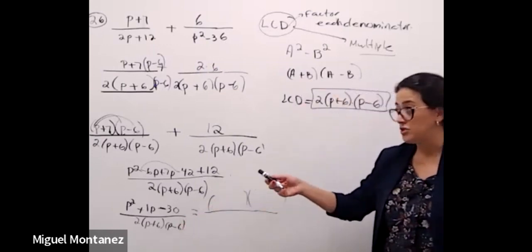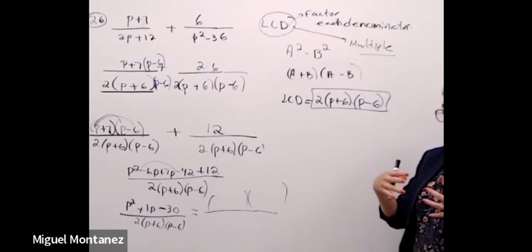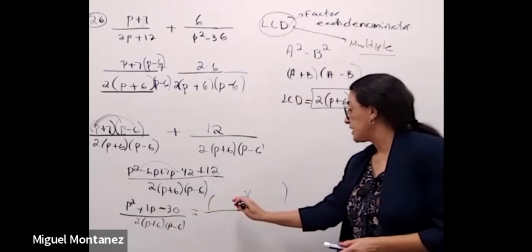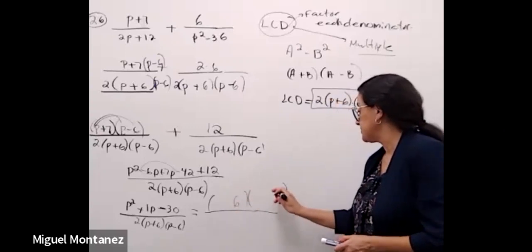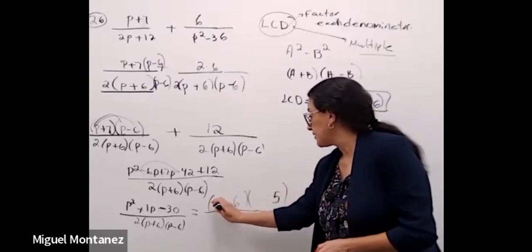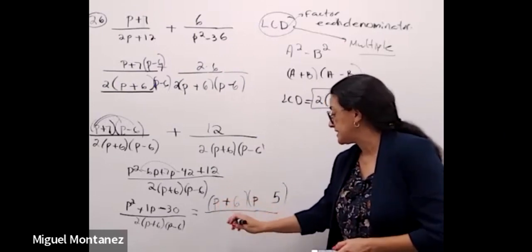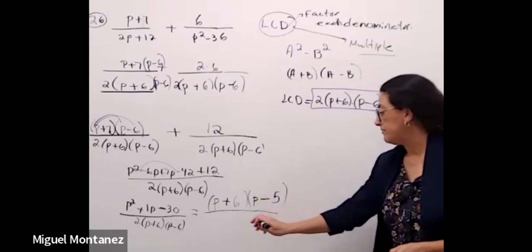Two numbers that multiply to negative 30, but add up to positive 1. 6 and 5. Which one is the positive? Which one is the negative? 6 is the positive, 5 is the negative.